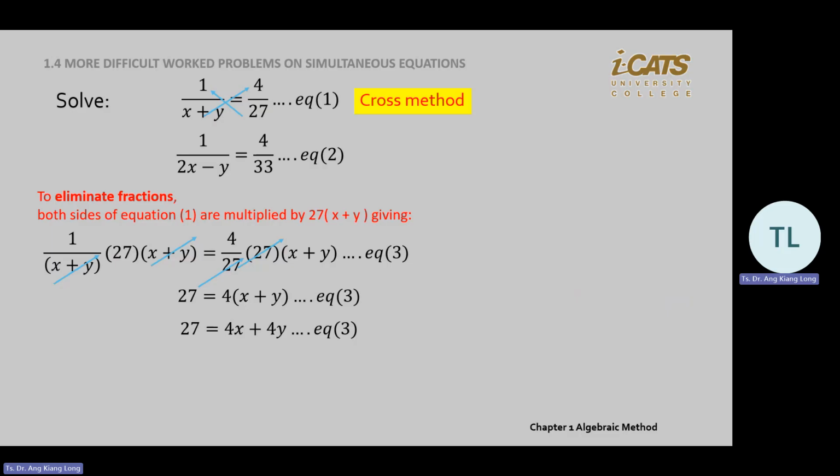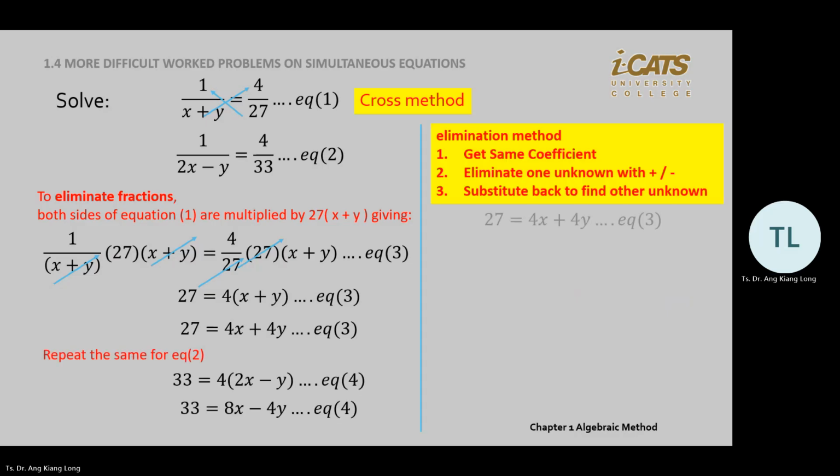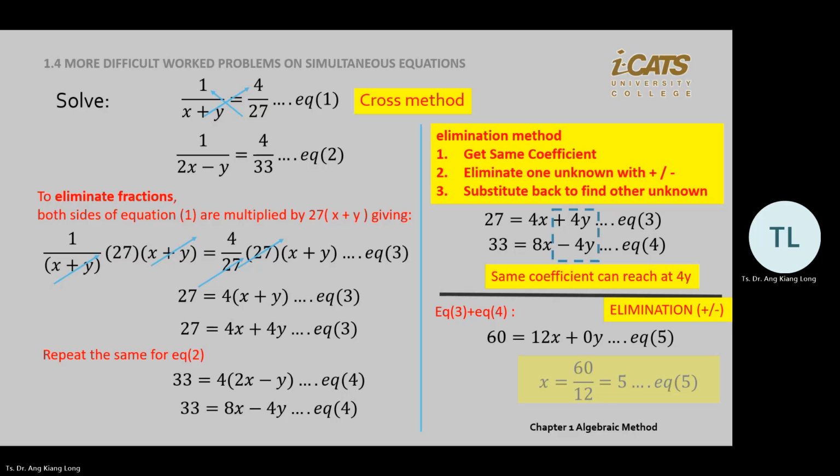The objective is to get a linear form of equation, ax plus by equals 0 or equals a whole number. In your steps, you need to show me; don't suddenly jump into equation 3. You need to show me how you cancel the x and y and so on.